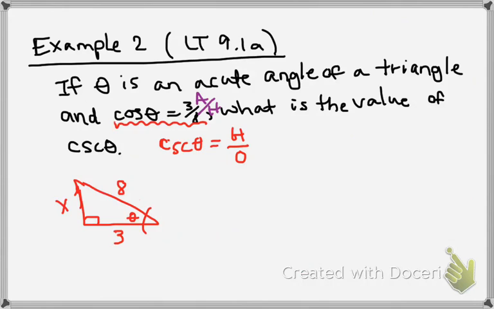So let's just call this side maybe x. So x squared plus 3 squared has to equal 8 squared. So x squared plus 9 equals 64.